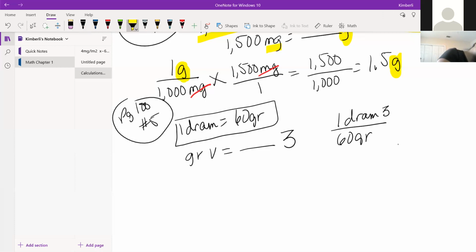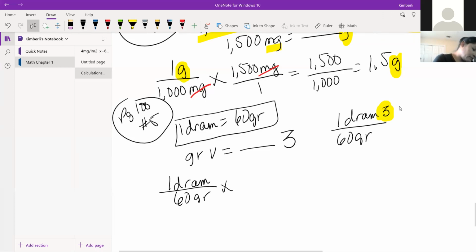Okay, so I'm looking for drams. So I'm going to start with the 1 dram over 60 grains, and I'm going to multiply that by 5 grains. So even here, I'm taking my 5 grains and I'm moving it from Roman numerals into Arabic numerals because I don't like doing math with Roman numerals. I always convert them to Arabic numerals, do the math, and then you can convert them back later if you want.